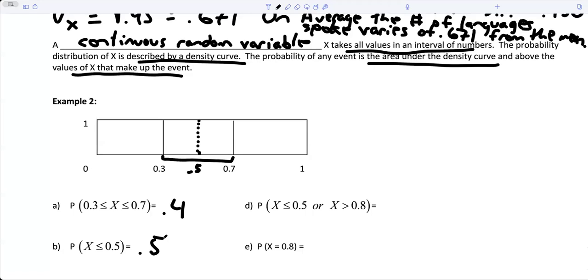All right. Well, think about this. What is the probability that x equals 0.8? And the answer to that, Mabel is correct, the answer to that is 0.